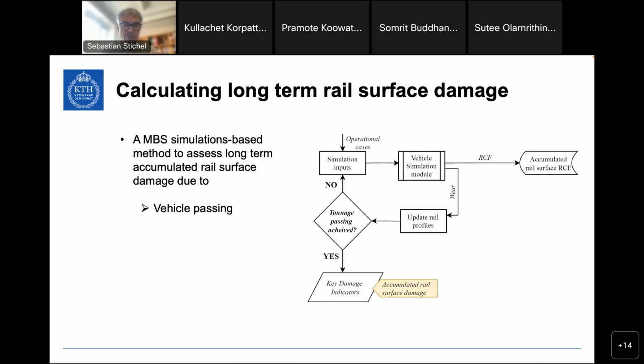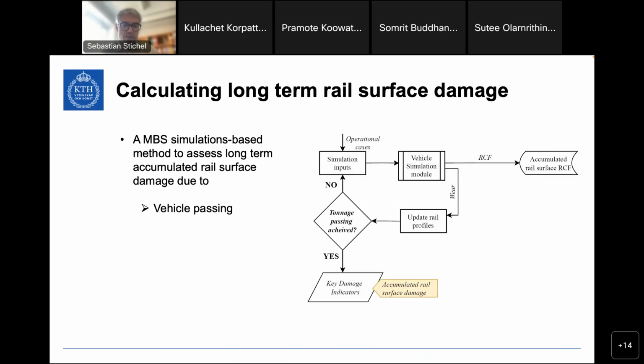With that, we build up the load collective, the operational case, and then we calculate the forces, creepages, stresses in the contact, and that we use as a processor to calculate both the wear on the rail and the initiated cracks. And after a certain time, we update the wheel profiles and do all the calculations again until a certain tonnage that has passed that rail cross-section is achieved. And then we output the key damage indicators.